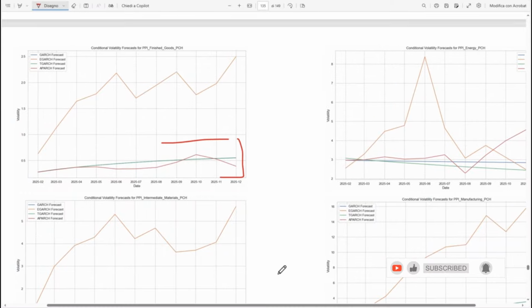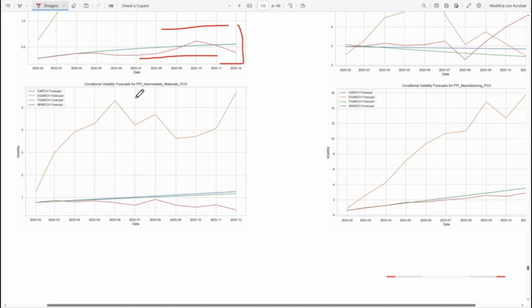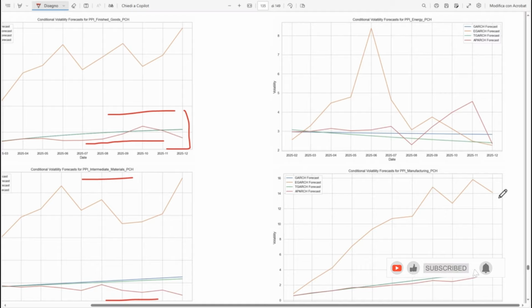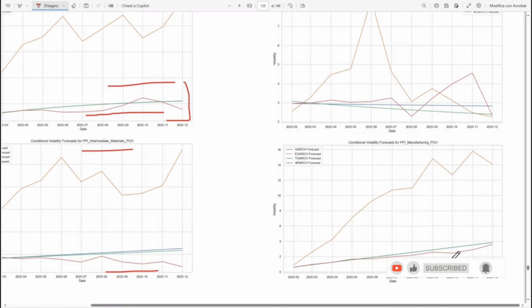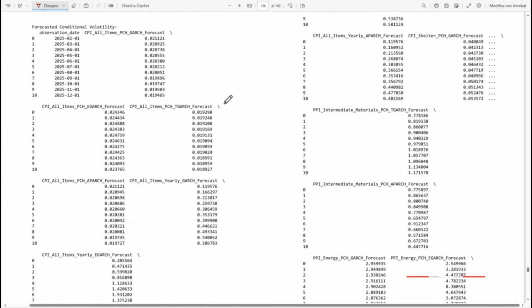Finished goods, so excluding food, energy and trade services, somewhat rising conditional volatility. Intermediate materials, rising conditional volatility. This is without tariffs, and this is consistent with the other charts that we saw of past conditional volatility that has been rising nevertheless. And manufacturing also, there should be some rising conditional vol in producer prices.